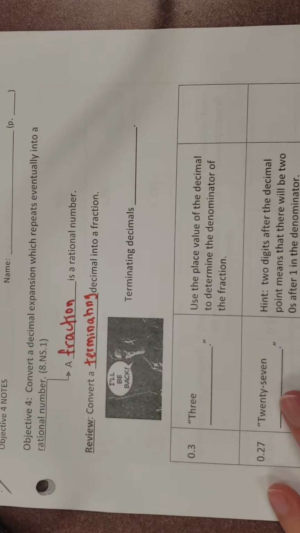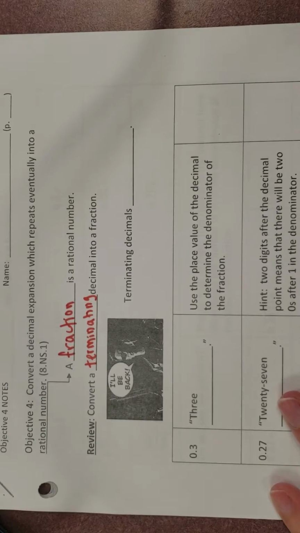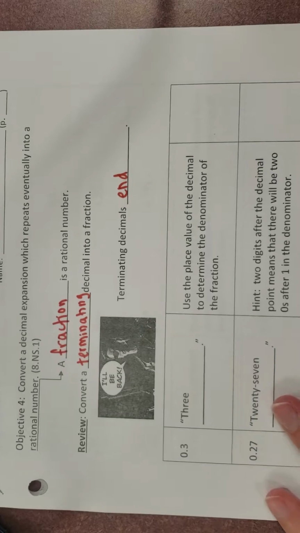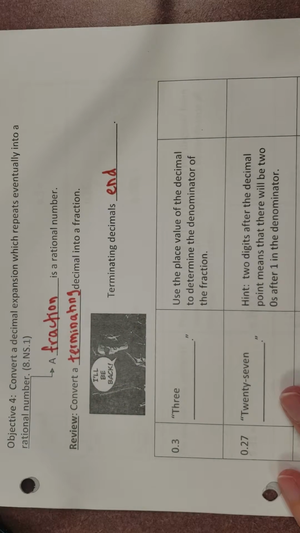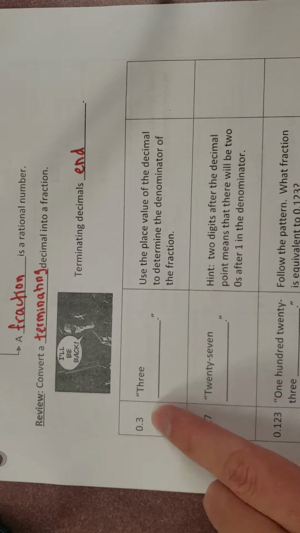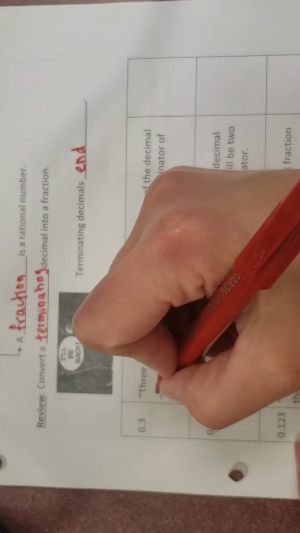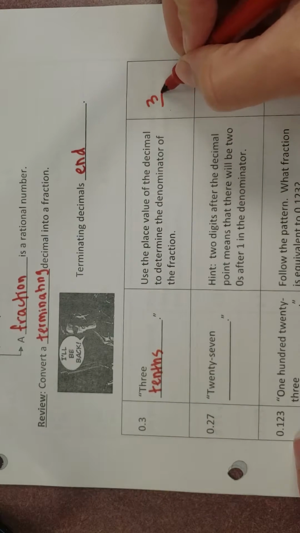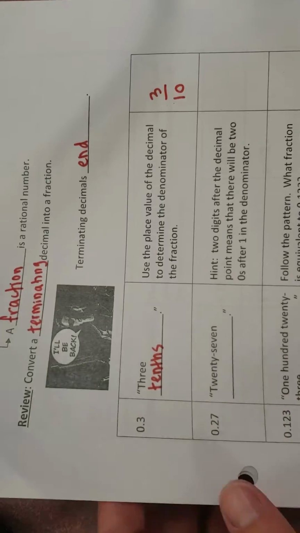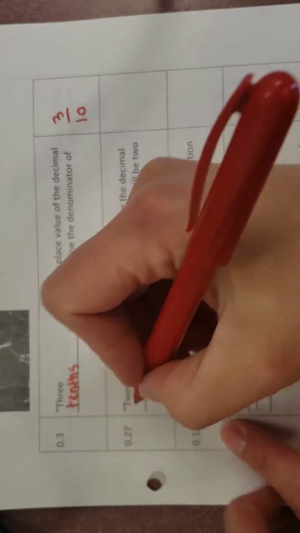His job was to end various people, which is kind of tragic, but the analogy sticks. Terminating decimals, similarly, they end, they stop. For example, 0.3, which if you remember your place values, means 3/10. Similarly, if you have two place values after the decimal, that's hundredths.